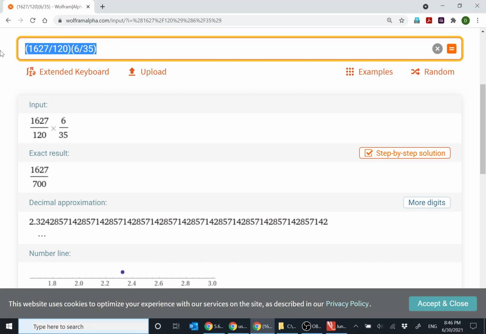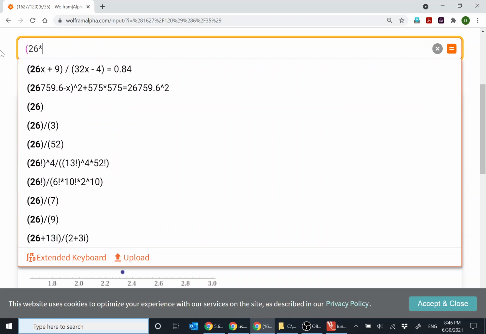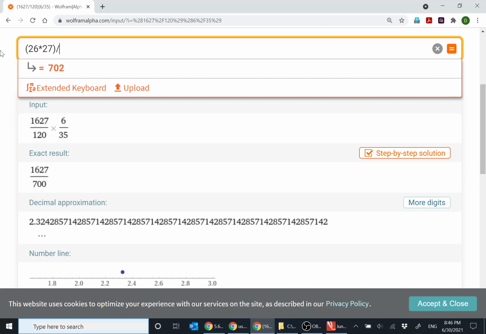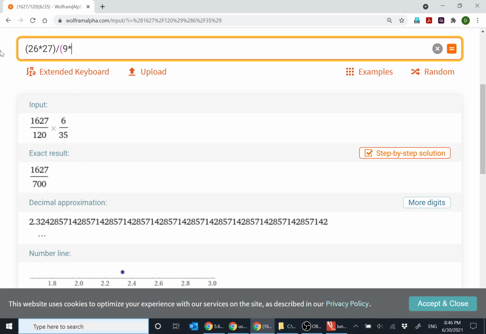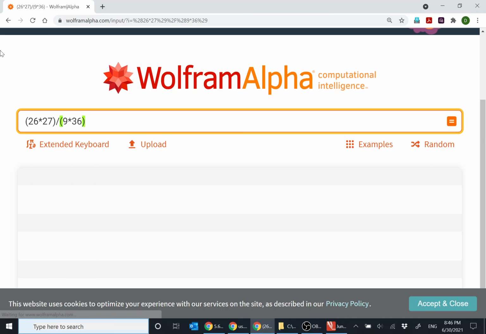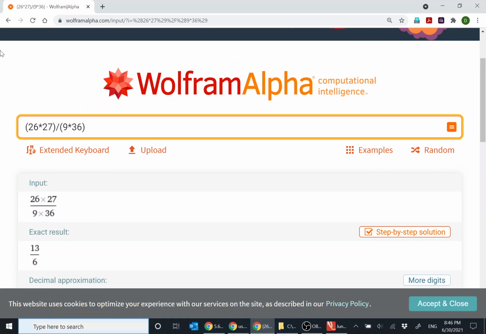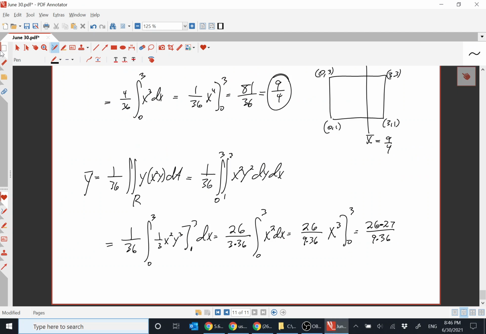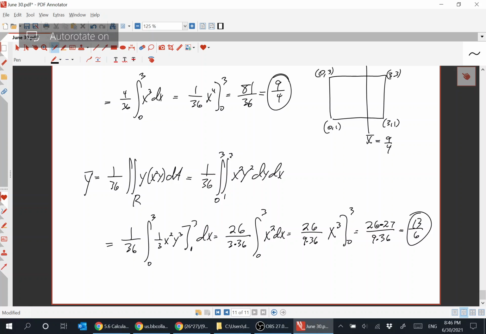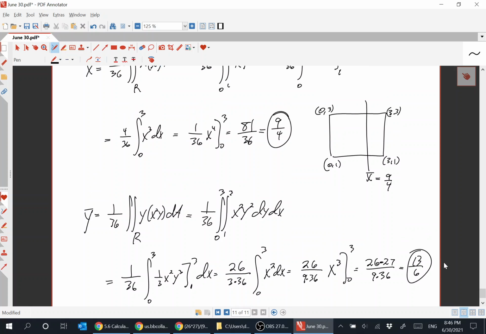So 26 times 27 divided by 9 times 36. So 13 over 6. So the y bar is 2 and a sixth. All right, so just a little bit past 2.